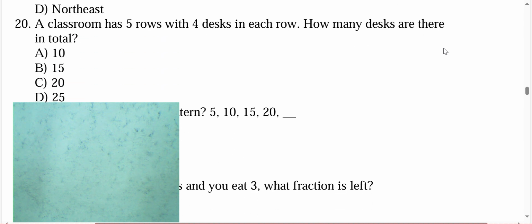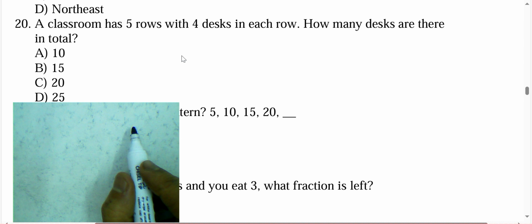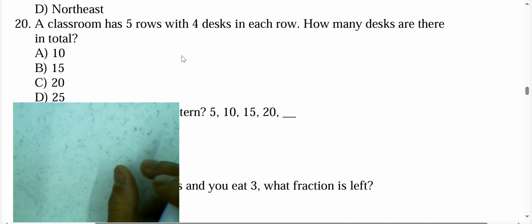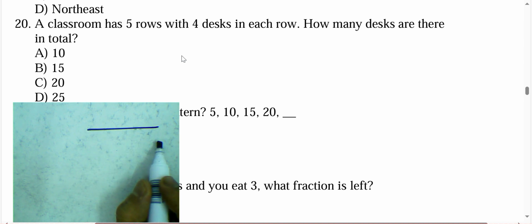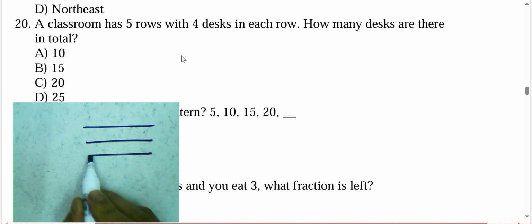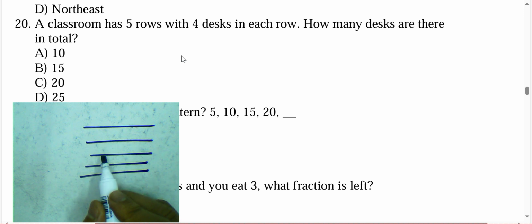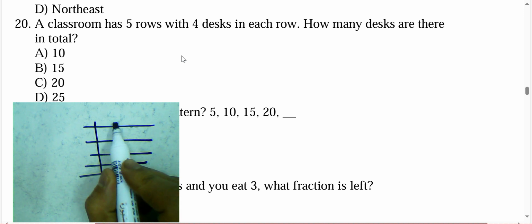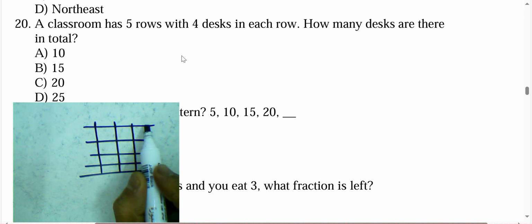Next question. A classroom has 5 rows with 4 desks in each row. How many desks are there in total? We can find the total by multiplying the number of rows by how many desks are in each one. We have rows 1, 2, 3, 4, 5, and each one contains 4 desks, 1, 2, 3, 4.